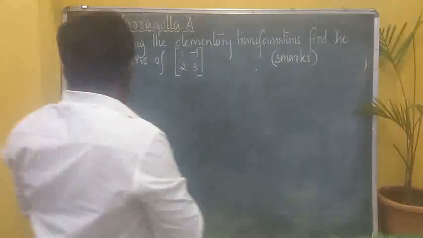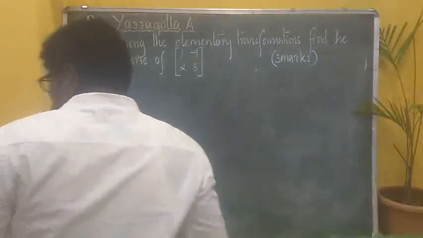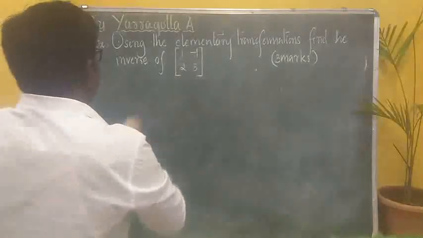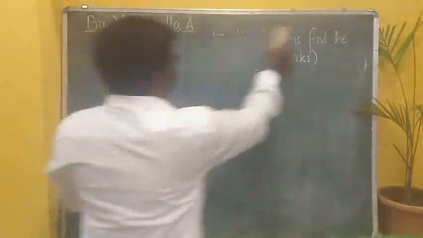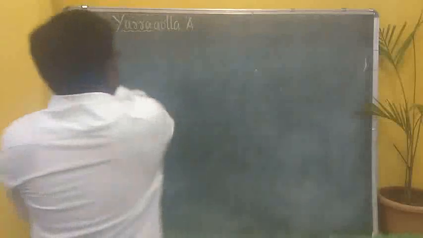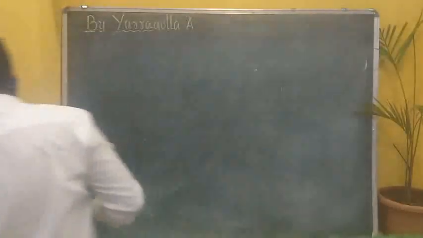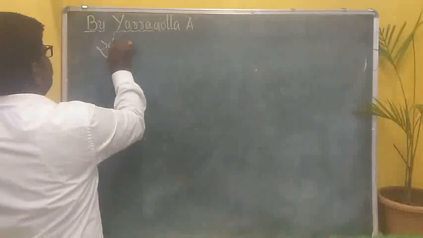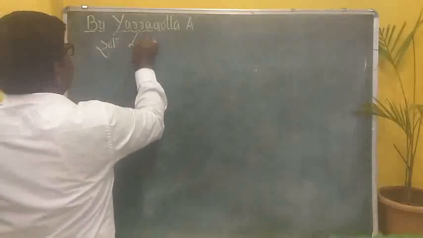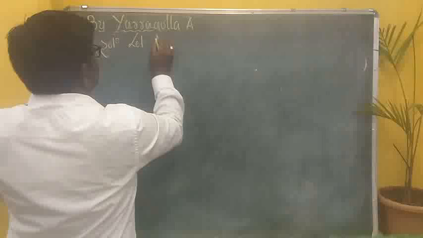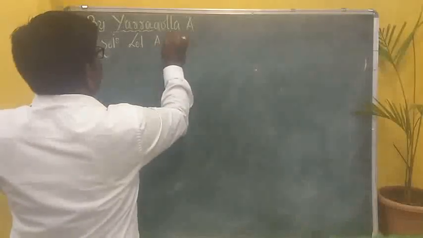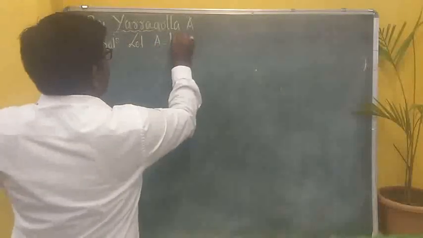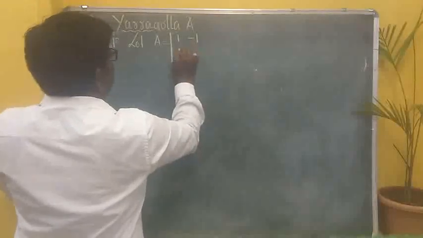So let's follow the technique I'm going to teach you. First of all, you write the given matrix as it is. Solution: let A is equal to 1 minus 1 2 3.